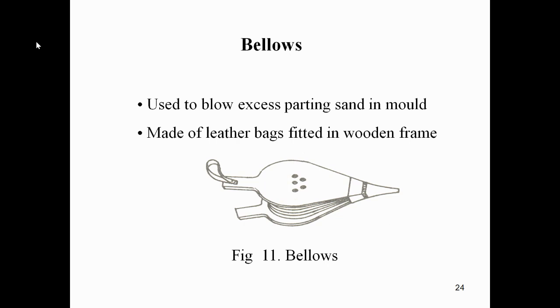It is made of leather bags fitted in a wooden frame. The bellows bags are prepared from leather material and fitted into the wooden frame. That is called a bellows.